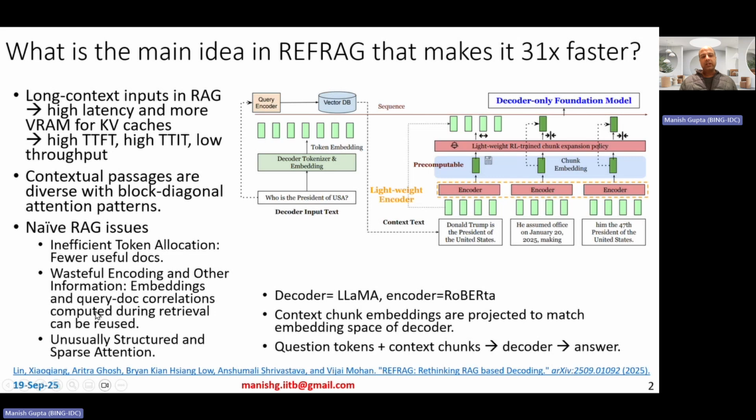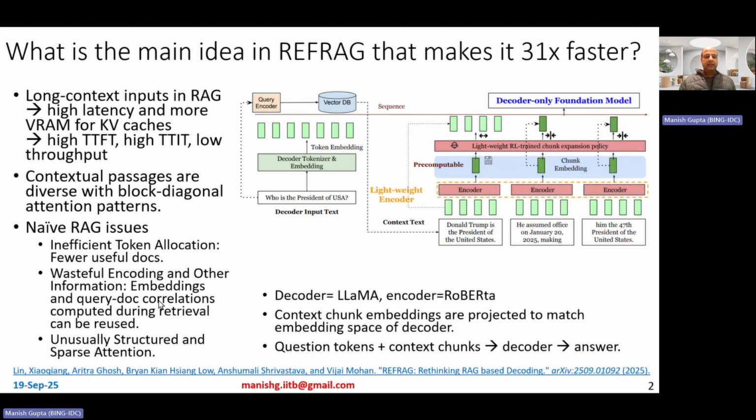Those embeddings and those query document correlations that you found during the retrieval step could be reused in the generative step. Unfortunately, most people don't do that. Most people tend to think about retrieval and generation as two separate steps. You retrieve and forget about query document correlations and document embeddings, and you re-encode them when generating the next tokens.